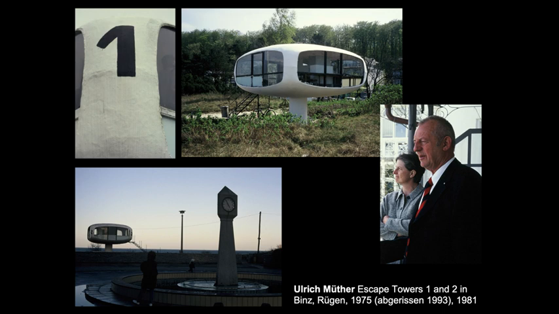As we had the chance to meet Ulrich Müther, he told us lots of stories, for example, how they built this building. And it was very easy. They dug a hole in the sand on the beach. They covered it and formed, so to speak, a formwork in the sand, and then they put the steel network and the concrete in.